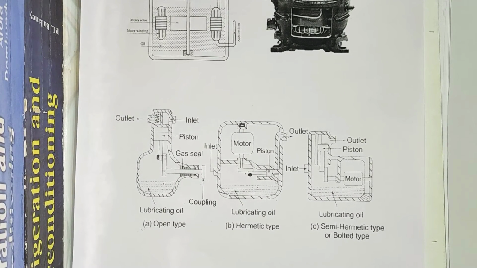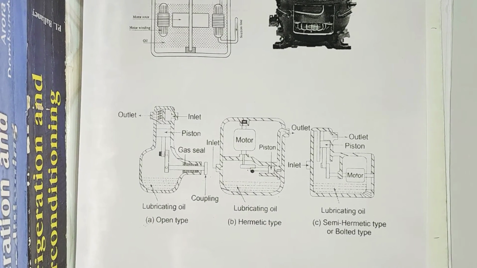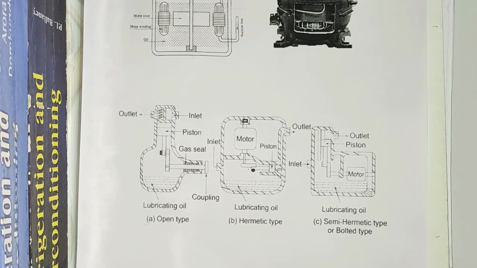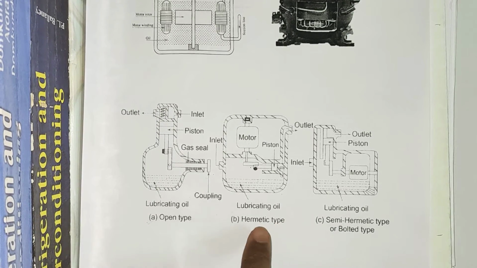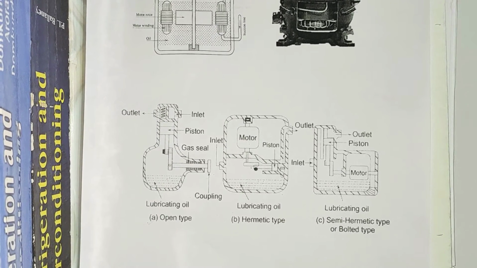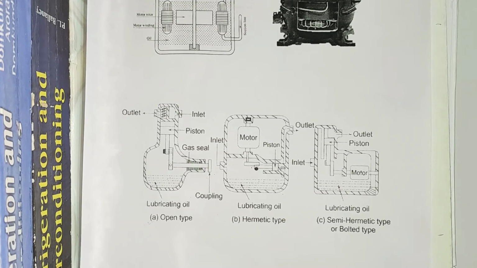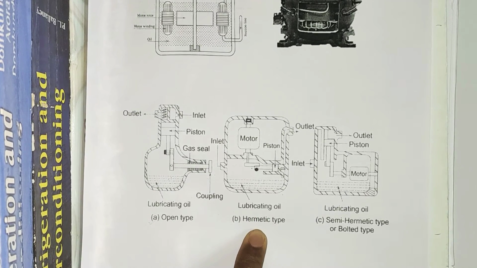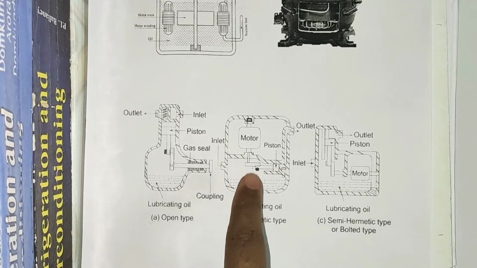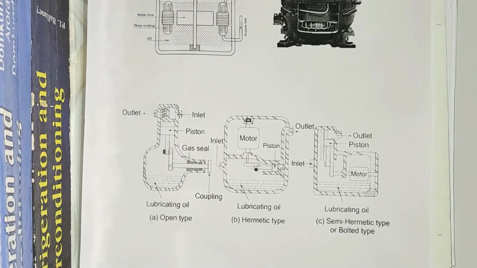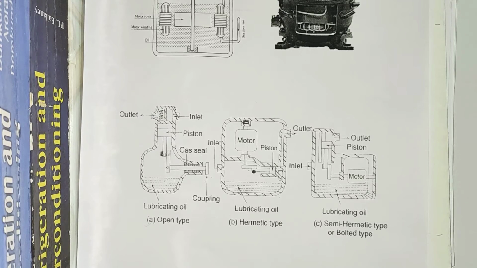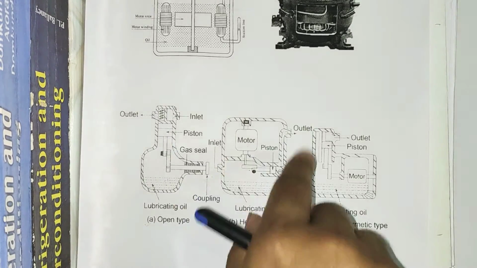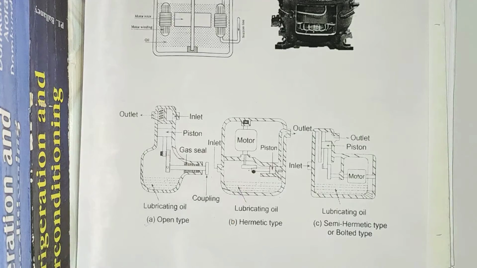Now, if we go for the performance of this hermetic compressor, then the COP of a hermetic compressor based system is lower than that of an open type compressor. Why? Because in a hermetic compressor, a part of the refrigeration effect or cooling effect is lost in cooling the motor and the compressor both, because the entire arrangement is kept within a single shell.